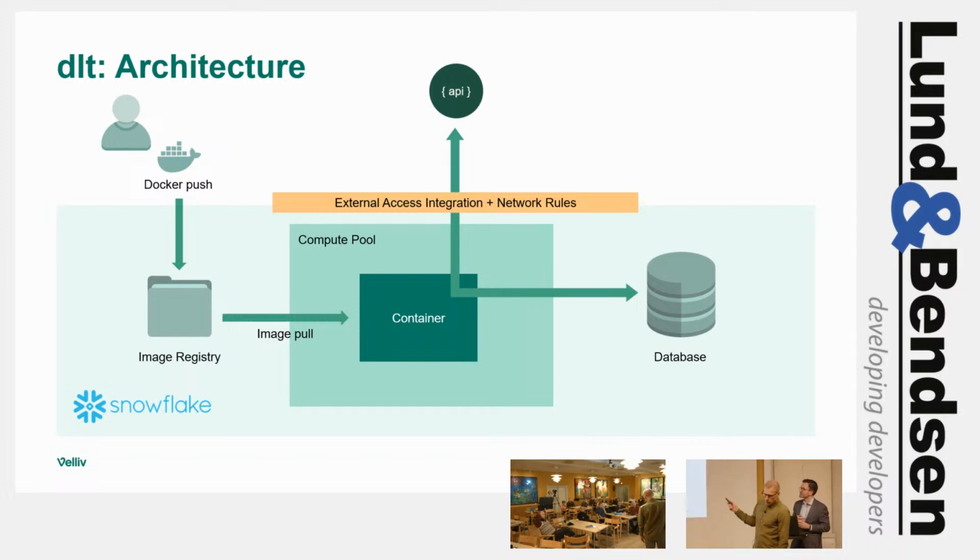And since we are running a container that needs external access, actually fetching data from an external API, we also need to create an external access integration and apply some network rules that would allow the container to access the public internet. And then, of course, the DLT hub running in the container will connect to the API and store the data that it fetches from the API into a Snowflake database.